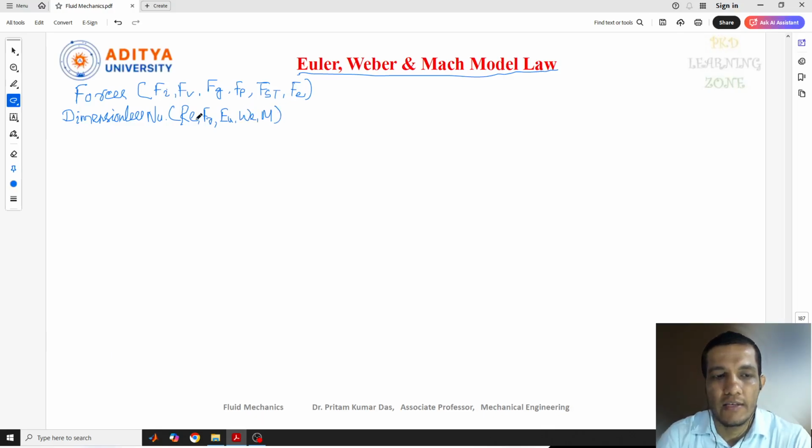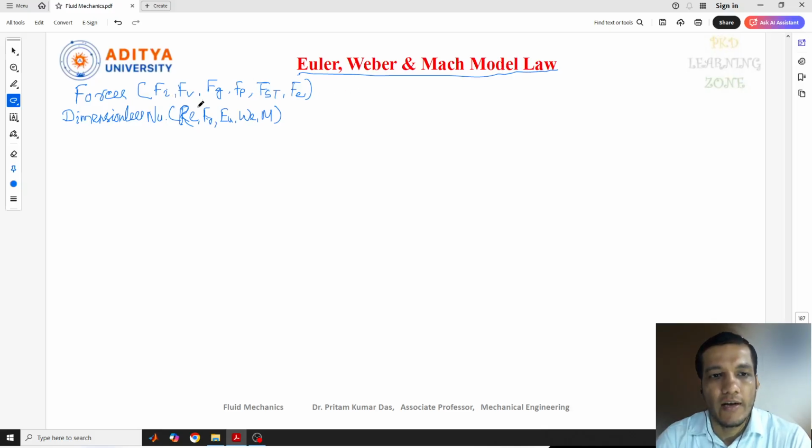These are dimensionless numbers derived from these forces. Now, we have seen some difficulties in matching all these numbers between the model and the prototype, so the model laws were identified.